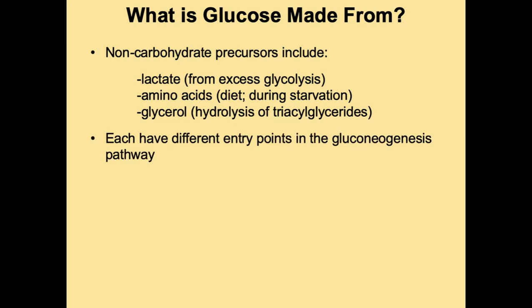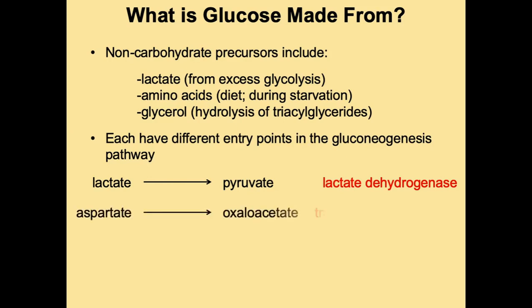Each of these non-carbohydrate precursors will enter the gluconeogenesis pathway at different points. So lactate can be converted back to pyruvate through the action of lactate dehydrogenase. The amino acid aspartate can be converted to oxaloacetate through a transamination reaction.